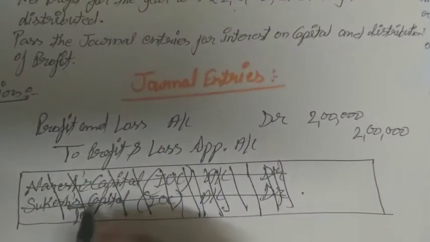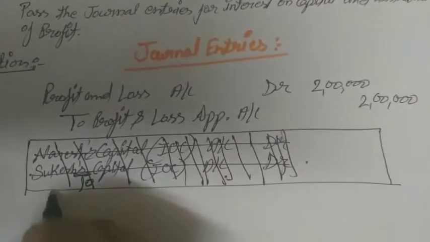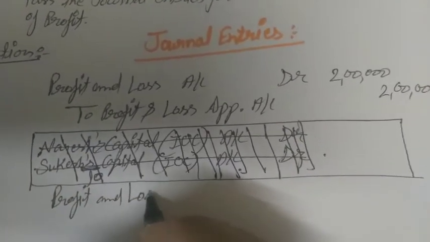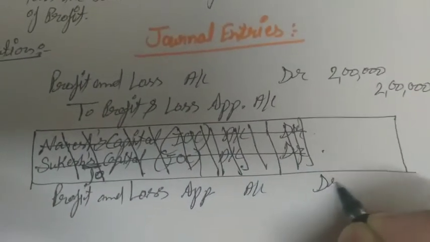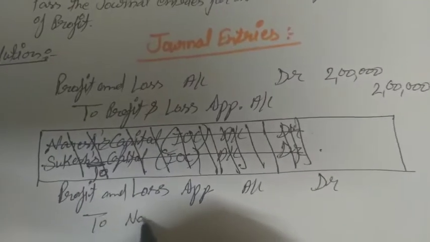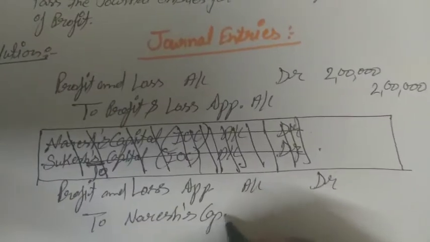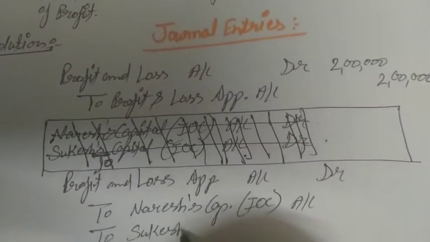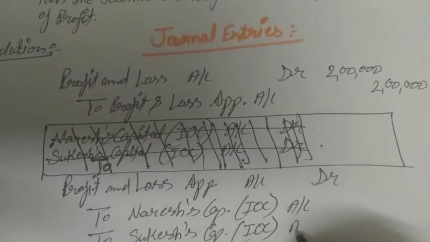So what we have to do? The profit and loss appropriations account is debited. So we will debit the profit and loss appropriations account to Naresh capital and IOC account, and to Sukesh capital and IOC account.